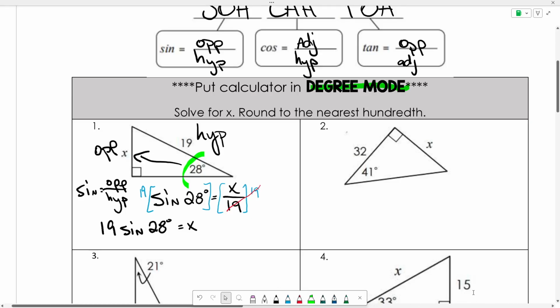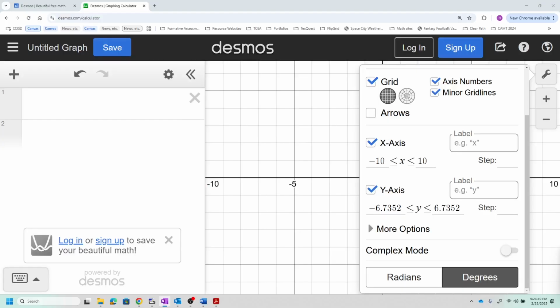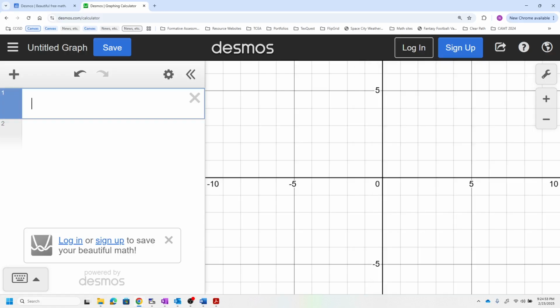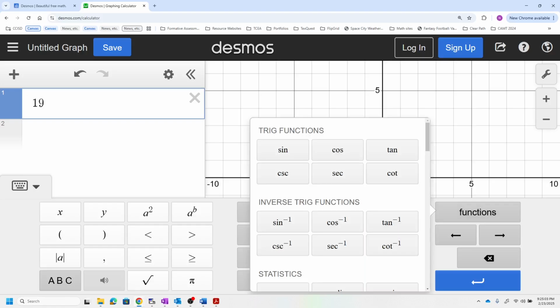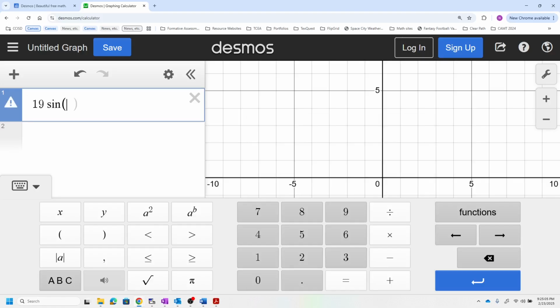Going back over to my Desmos calculator. It's set in degrees. I'm going to use our on-screen one here and type in 19. Click on the button that says functions, and I'm doing the sine of 28.